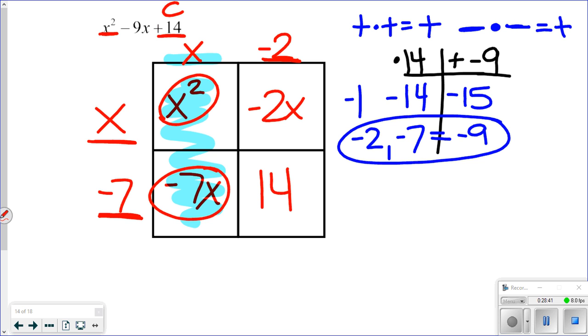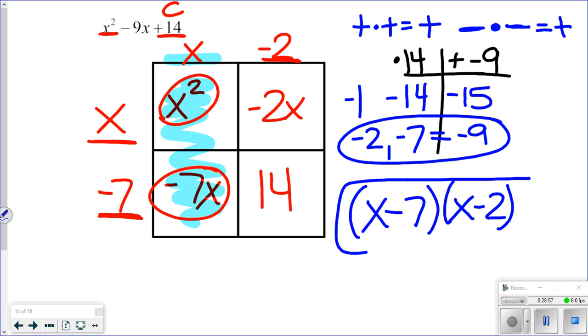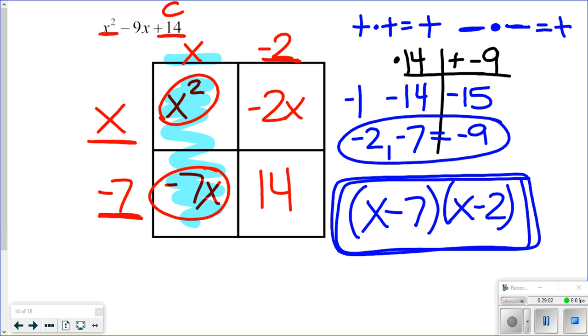And now let's double check. Negative 7 times negative 2, bam, they multiply to equal 14. So that works. So what are our two answers here? X minus 7, x minus 2, and the order doesn't matter. You could write x minus 2 in your first binomial, your first set of parentheses.